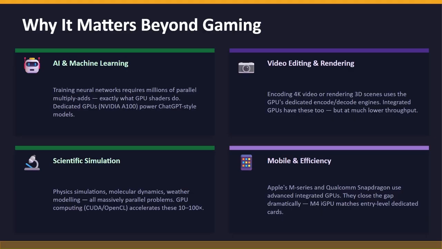We can train neural networks, which is basically millions of the same calculation running in parallel at the same time. That is exactly what shaders are built for, right? The servers running ChatGPT also use dedicated GPUs.